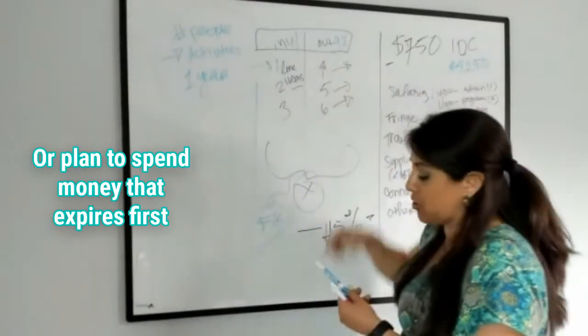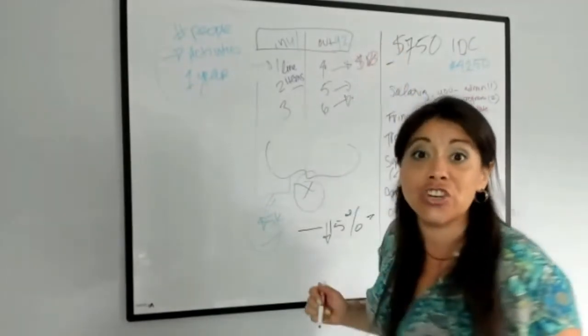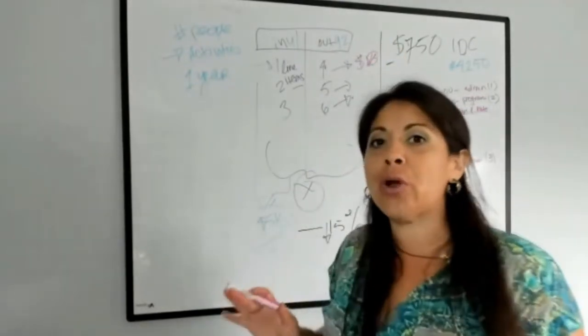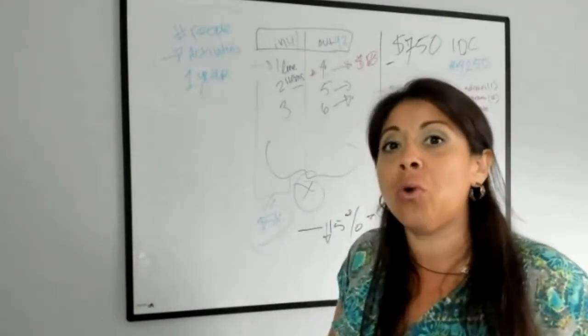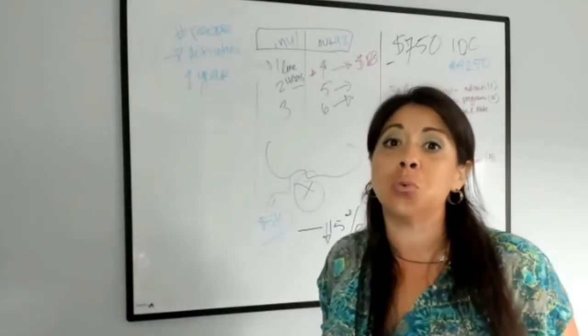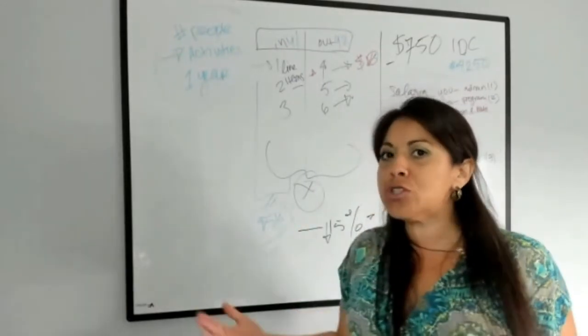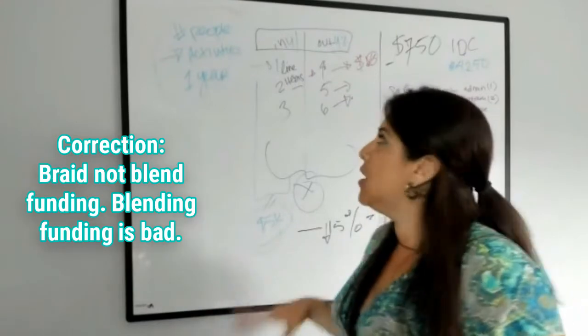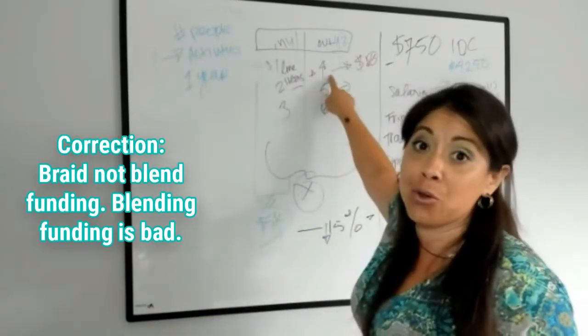So if you're working with funders who are over here and this funder has a ton of restrictions, you're going to create your programming for this funder because that's the most difficult one for you to figure out what to do with that money. If you have a funder like this one with a little bit looser restrictions, then you're going to figure out the line items that this funder will not allow you to fund.